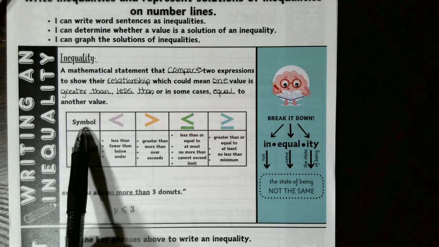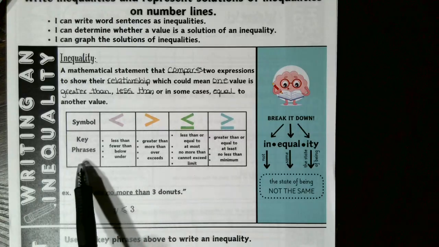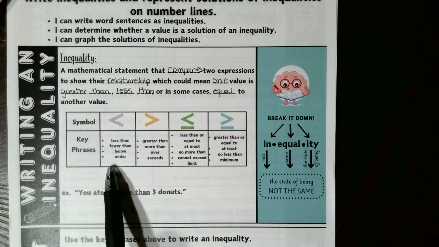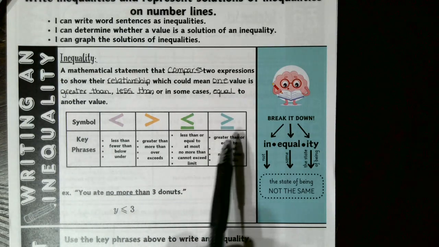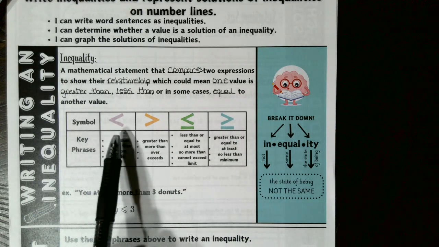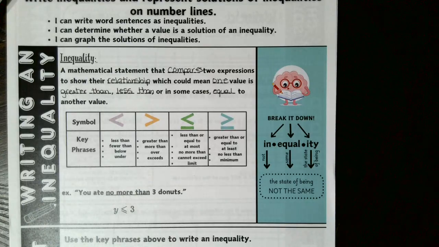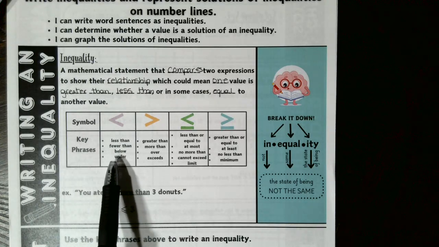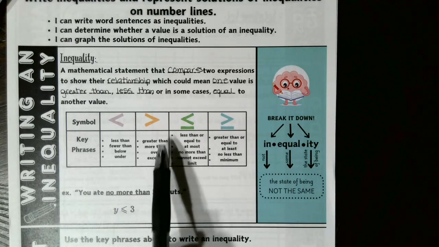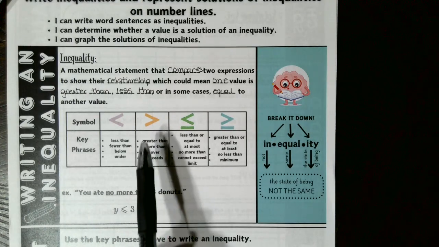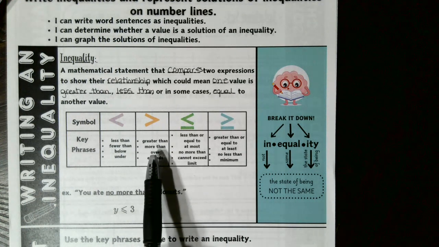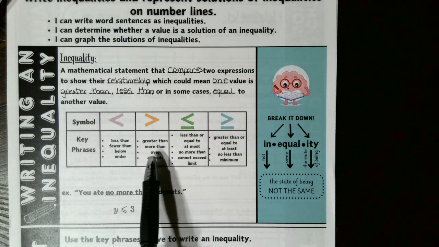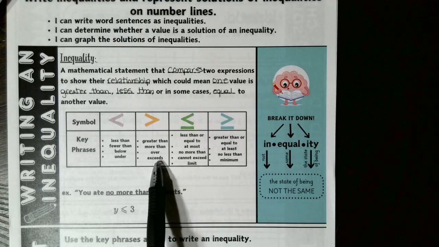Okay, so here are the symbols that you'll see, and here are some key phrases that go along with those symbols to help you know which symbol do I need to use when I'm writing an inequality. The most common is called less than, but you might also hear fewer than, below, under. This symbol is most commonly called the greater than symbol, or you might see or hear more than, over, or exceeds.